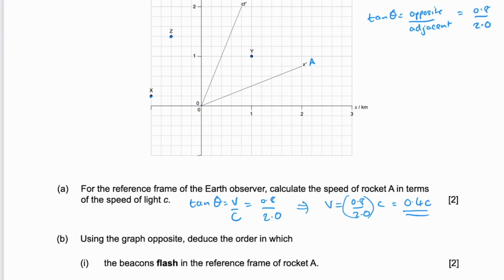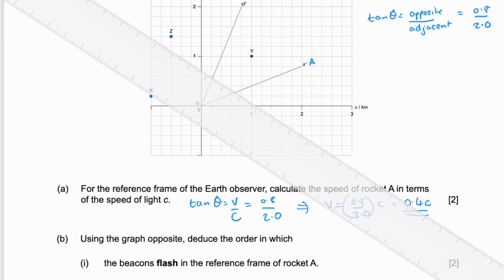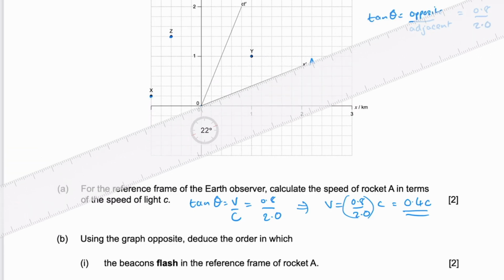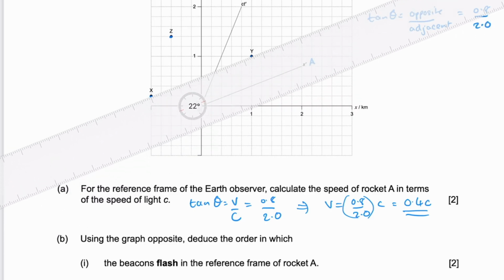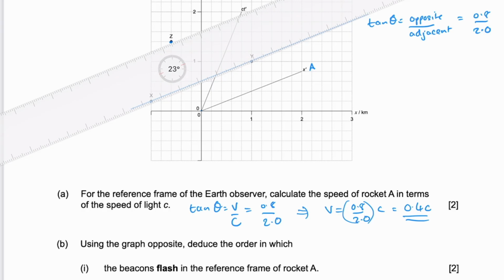So we want to know where they cut the time axis in the frame of reference A. And to do that, we basically need to take our ruler and draw parallel to this x-axis. We need to draw where they hit the time axis. So we're going to draw parallel like this, where these events sit on the time axis.